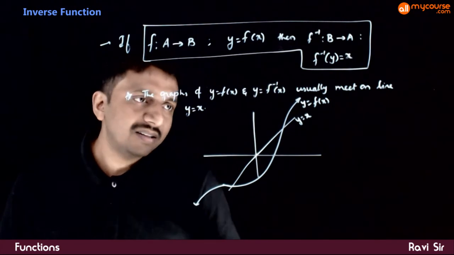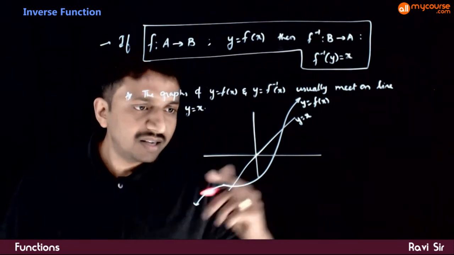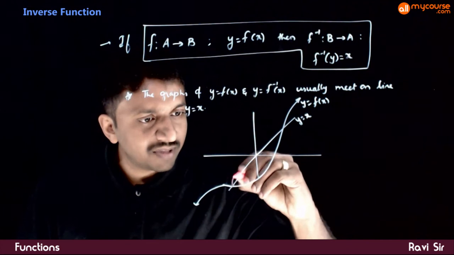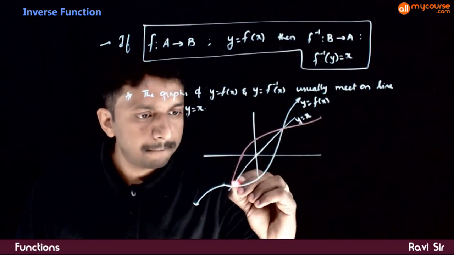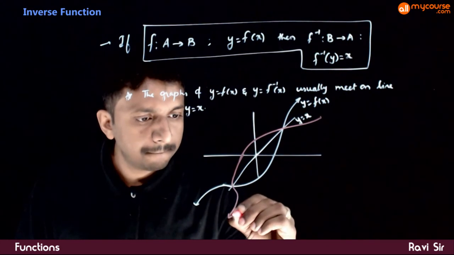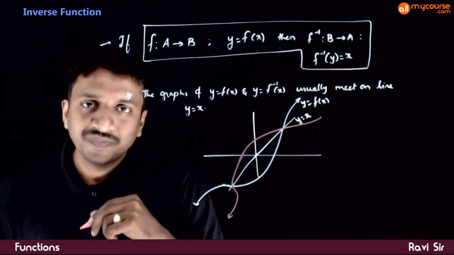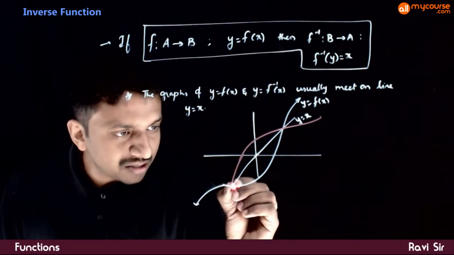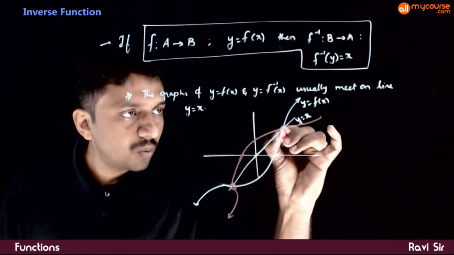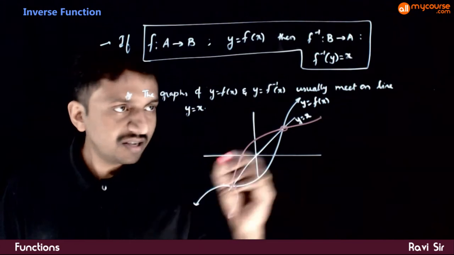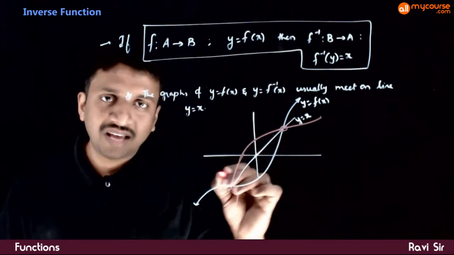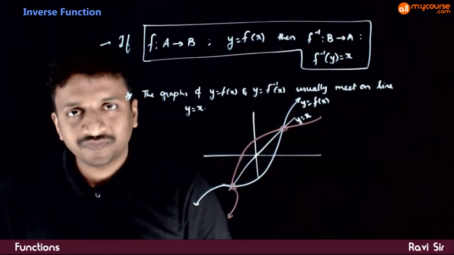So the graph of f inverse of x has to look something like this. And can you see that the points of intersection of y is equal to f of x and y is equal to f inverse of x usually lie on the line y is equal to x.